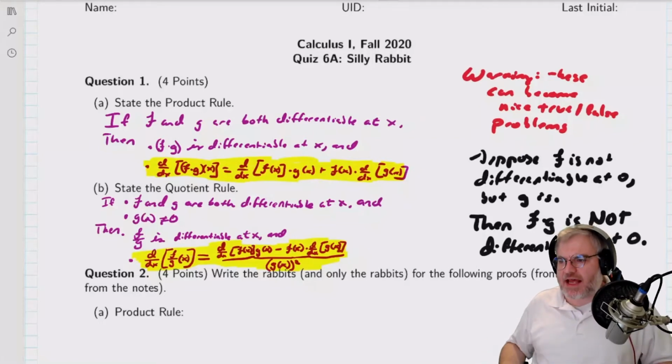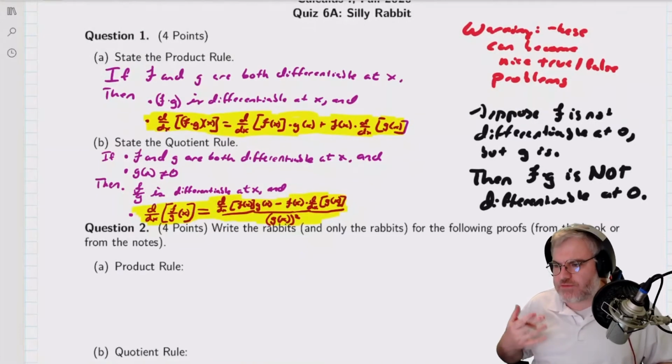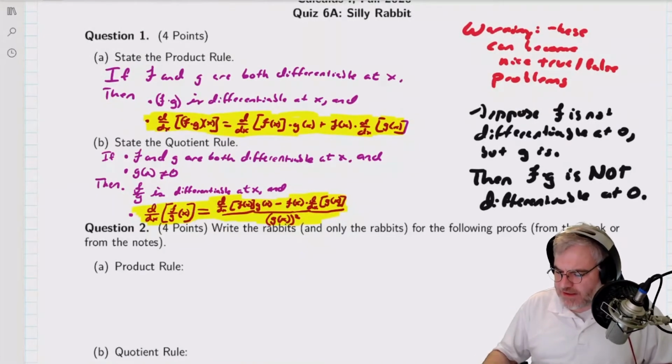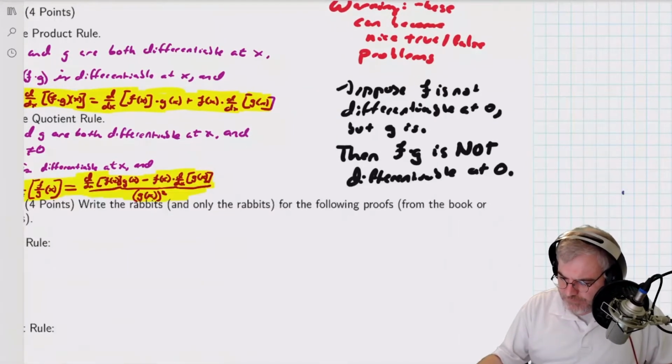The answer to that is true or false. What do we think? Well, the answer is false, because consider f times g. Consider f of x equals the absolute value of x, but g of x equals 0.